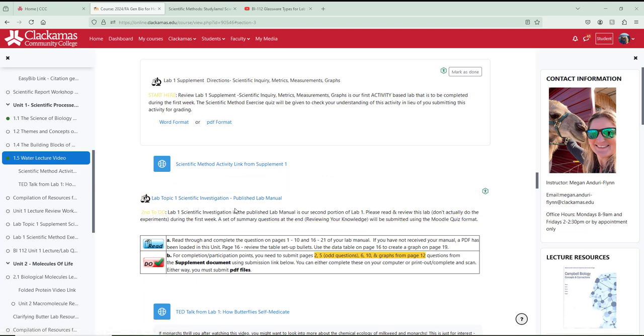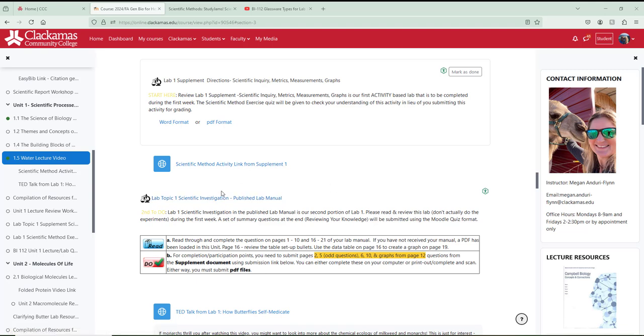If you don't have your lab manual yet, hopefully you've purchased it, but if you purchased it through the online bookstore and it hasn't arrived yet, we do have a copy of it here. So you can just follow this link and complete it with the PDF version, okay?